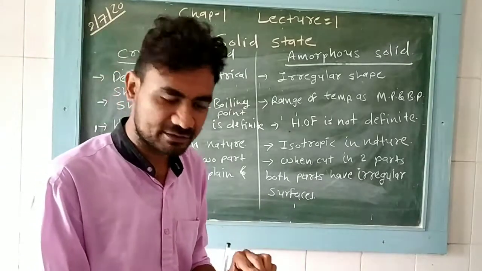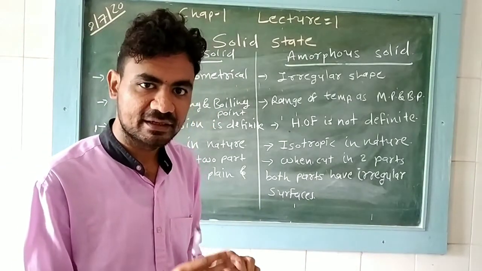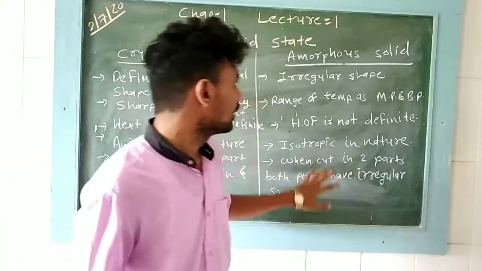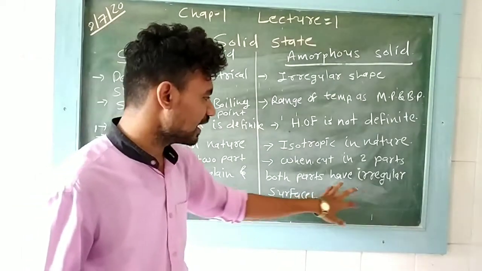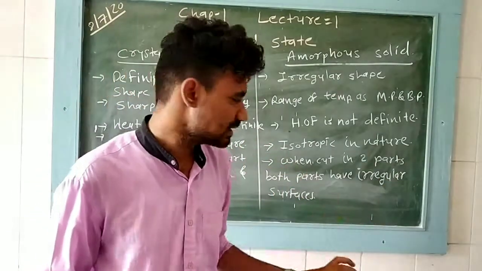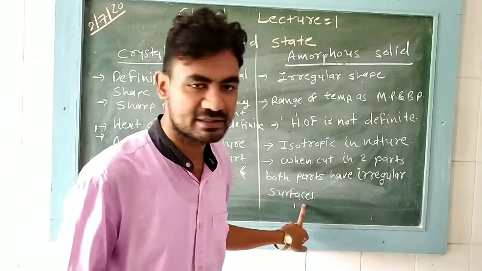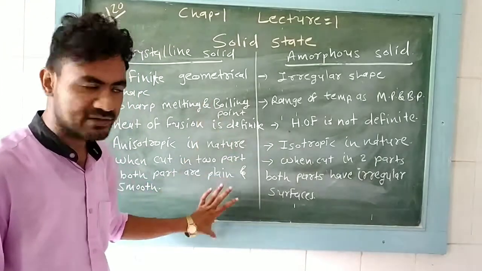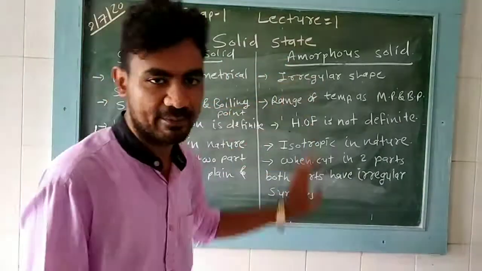The surface of both parts will be plain and smooth. But in case of amorphous solid, both parts will not have a smooth and plain surface, so they will have an irregular surface. Okay, so these are the major differences between crystalline solid and amorphous solid.